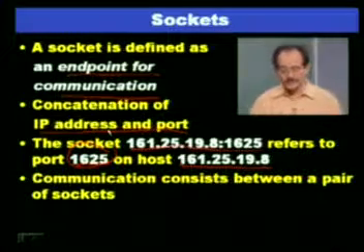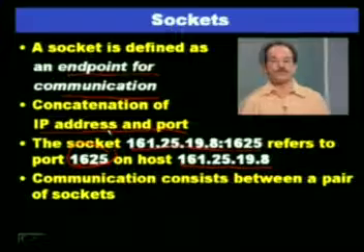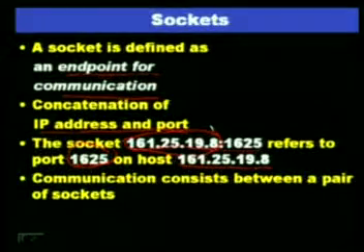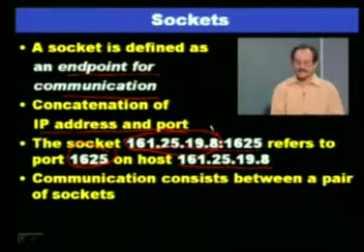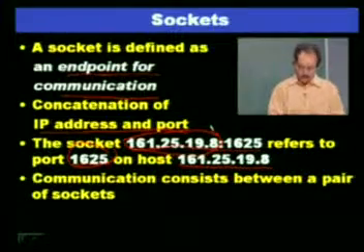Once there is a communication between sockets, it has to be between a pair of sockets. I will get the port address from where I have to receive the message, and the port address to which I have to send the message. This is a combination with the IP address. It tells me which machine is sending me the message, and to which port the message has to go. This is what we call socket programming.